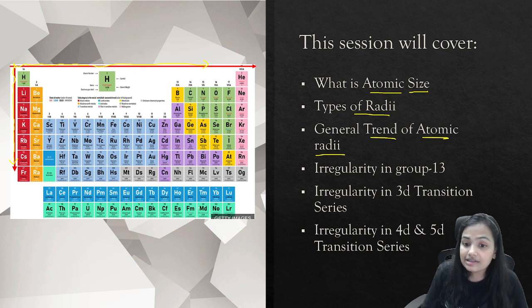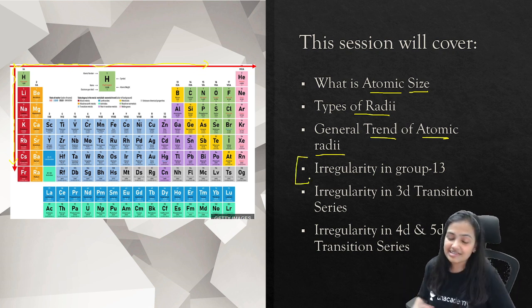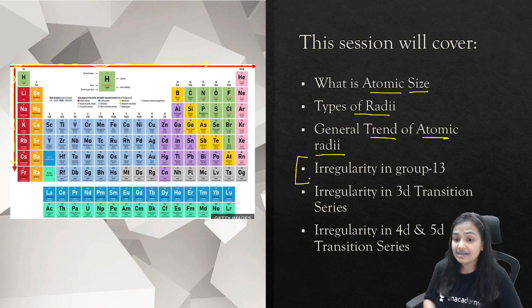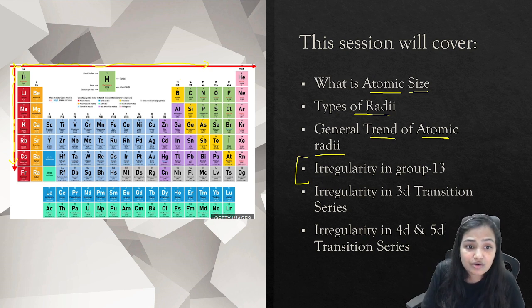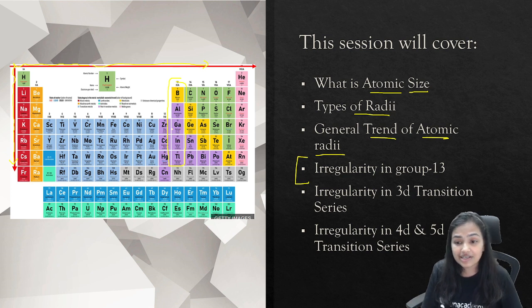The irregularities, many of you call them exceptional cases. Let's have a look at what those irregularities are. This is our group number 13 elements, and here we do have an irregularity. What is it, and how can we explain it? We'll discuss this.